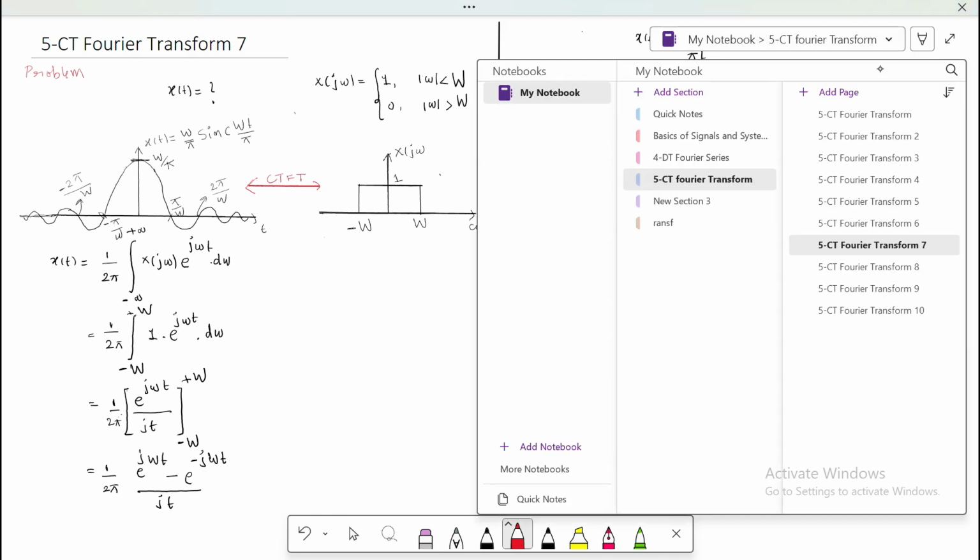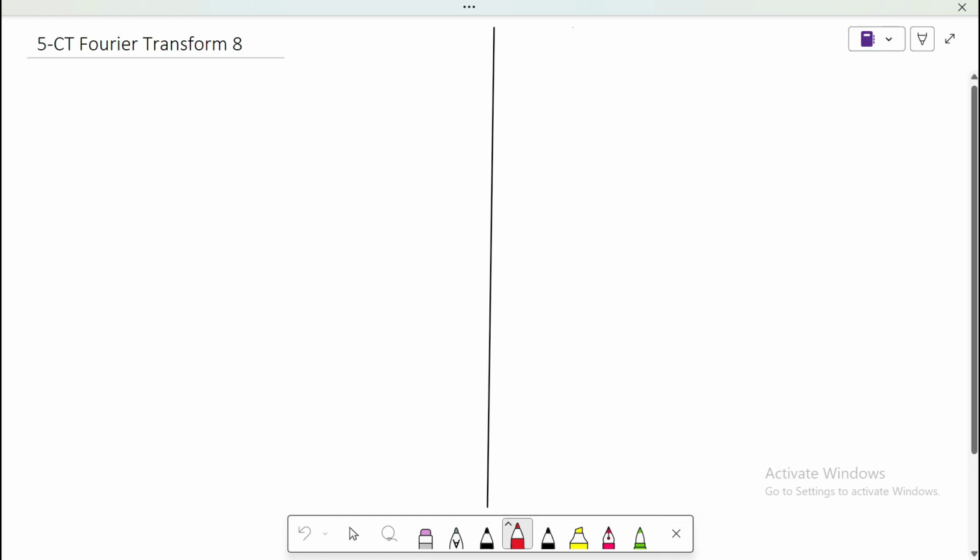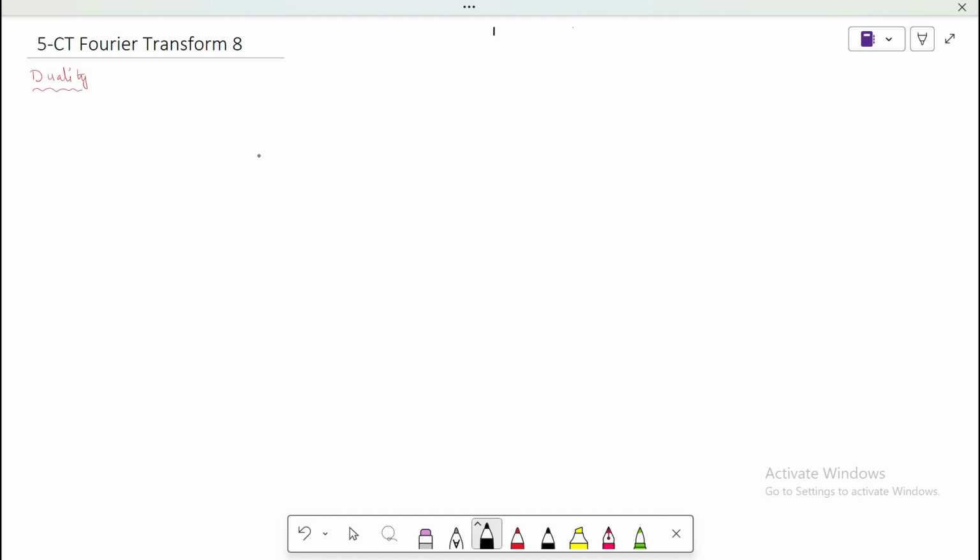So in the duality property, same thing. So now in duality, the rectangular pulse's Fourier transform is a sinc function.